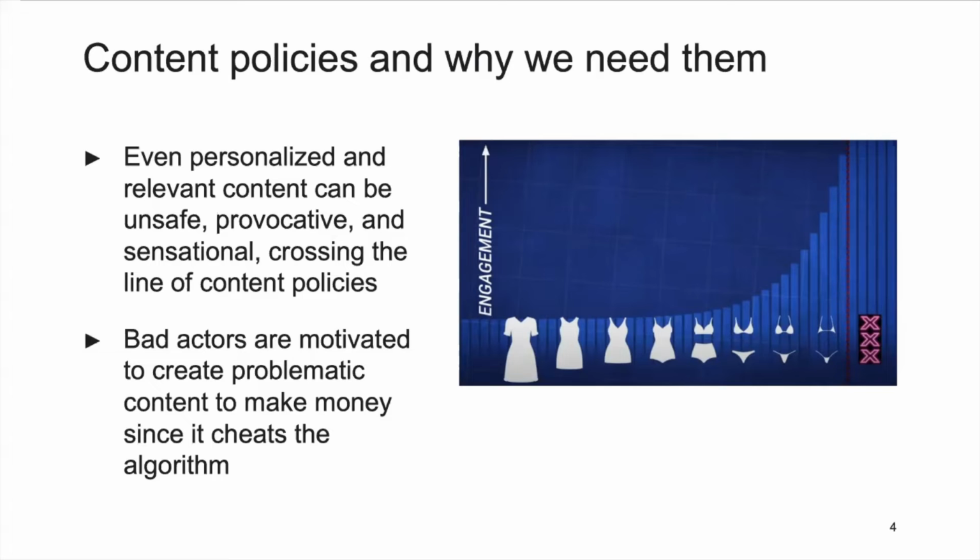We also see in the data that content which is provocative and violates our content policies gets more user engagement in our recommendation service. I think all platforms face that. So you basically can't live without moderation and without filtering your content. And you can say that problematic content, in a way, cheats the algorithm.